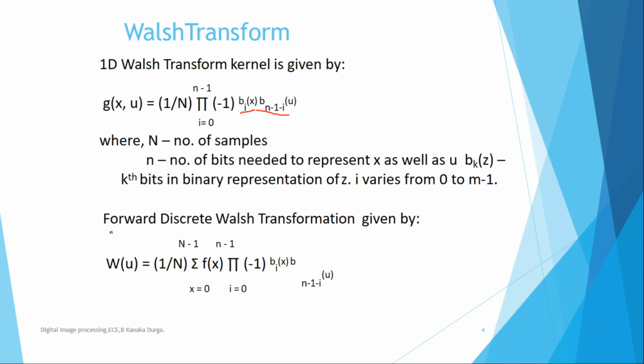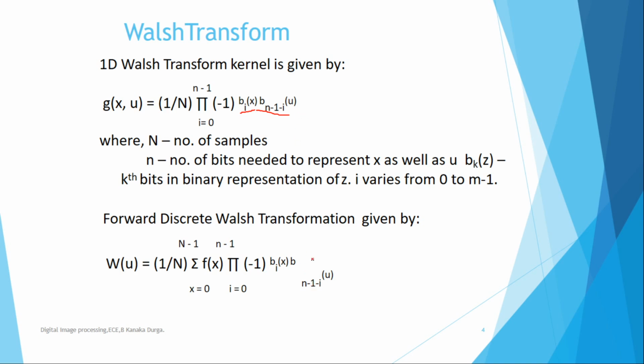So how can you convert the spatial domain image to a frequency domain image by using the Walsh transformation? W of u is equal to 1 by N, sigma x runs from 0 to N minus 1, f of x into product of i running from 0 to n minus 1, minus 1 whole to the power of b_i of x, b_(n-1-i) of u.